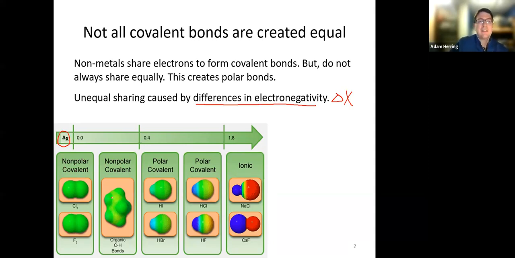Or we can have a very small difference in electronegativity between the elements, but not large enough for us to classify it as polar. We then have a range of electronegativity differences that we call polar covalent, and those can have anywhere between 0.4 to 1.8 difference in electronegativity values. And then above that, we have ionic compounds.